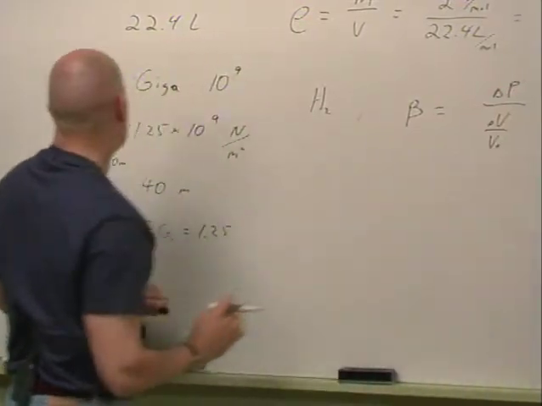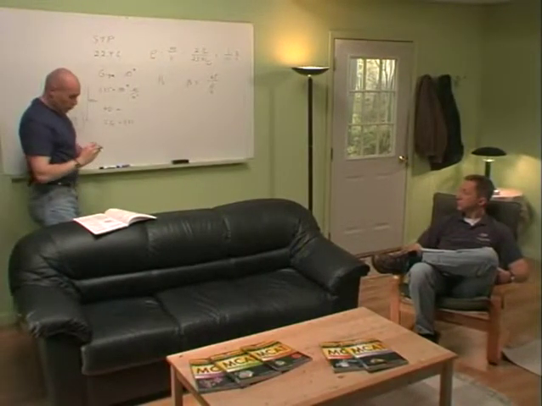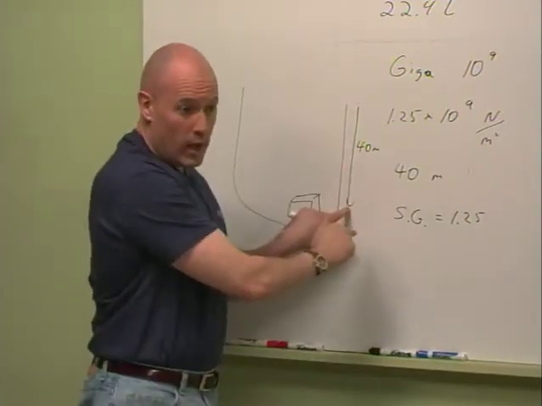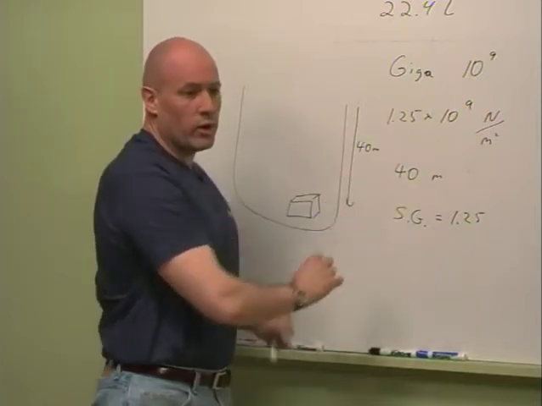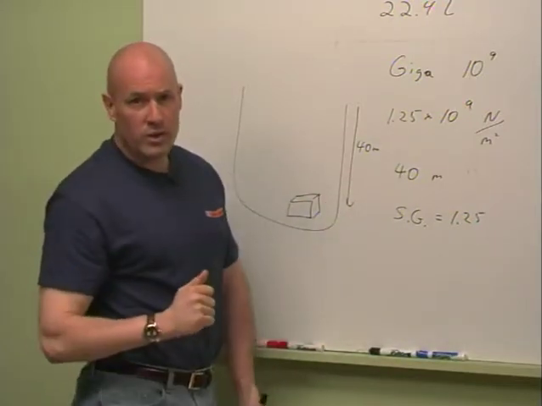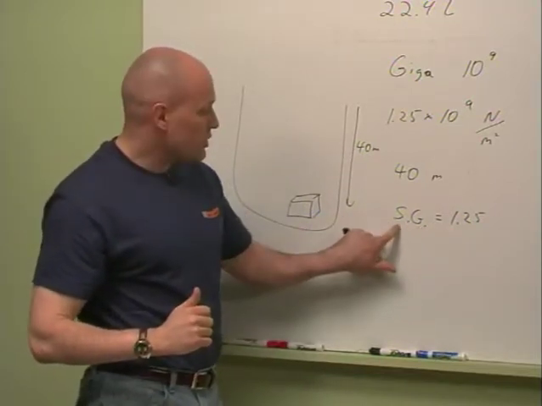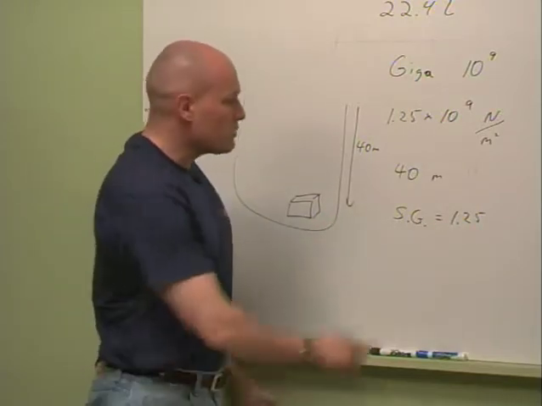Now, the change in pressure. What's going to be the change in pressure at 40 meters of water? If it were fresh water, it would be 4 atmospheres, right? Because every 10 meters of fresh water is going to be 100,000 pascals or 1 atmosphere. But this is heavier than fresh water. That's what the specific gravity means, 1.25. So it's a quarter times heavier.